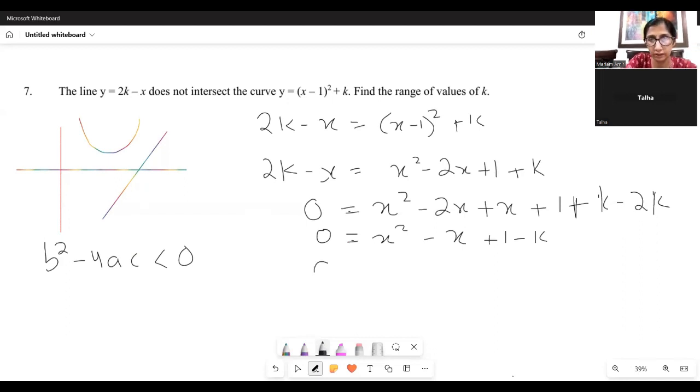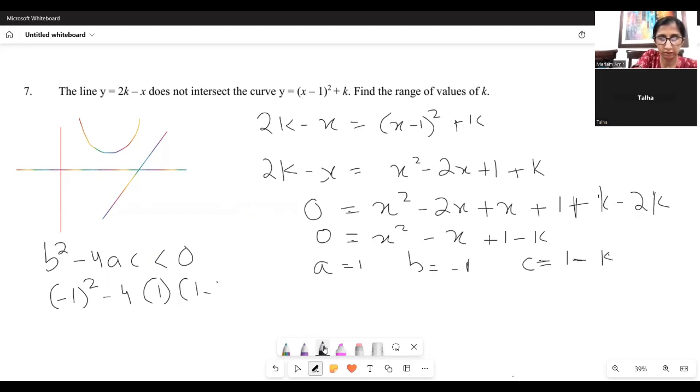Okay. So a is 1, b is minus 1, c is 1 minus k. So b square is minus 1 whole square minus 4, a is 1, and c is 1 minus k, less than 0.